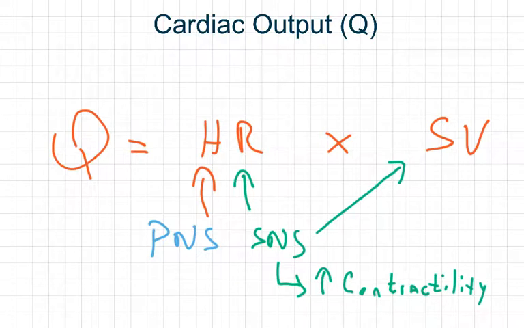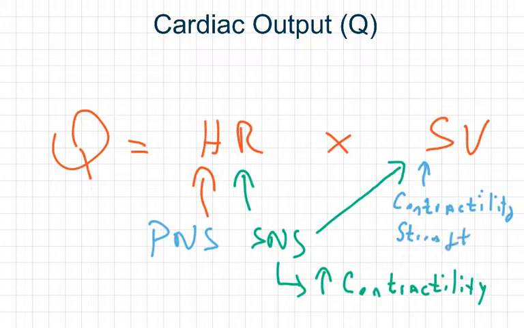Also, stroke volume is affected by, again, contractile strength. Basically, how hard is the heart pumping per each beat? It's not just the rate, but also how hard it pumps. And stroke volume is also affected by end systolic volume, which is what we discussed.